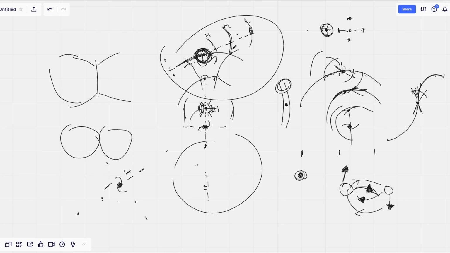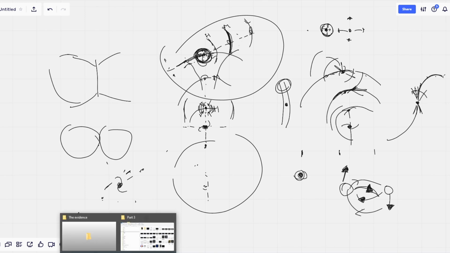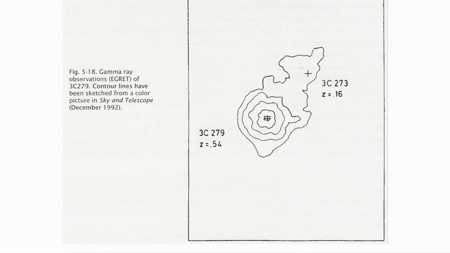Maybe what we see as X-rays and gamma rays from these objects is not just the object, but the fact that it's coming from the boundary layer that contains other material, electrons, protons, or whatever, as well as the object that sits at the center, which is why when you look at the gamma ray map, it appears more diffuse.